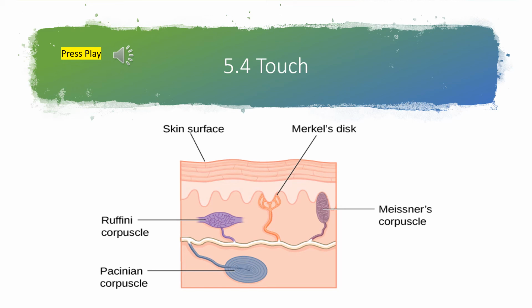If we are exercising and something starts to hurt, we know that we need to stop and reevaluate what we're doing. With temperature, we know when we need to add a layer of clothes or when we need to, again, like when we're working out, remove our sweatshirt. These are very important senses for our survival.